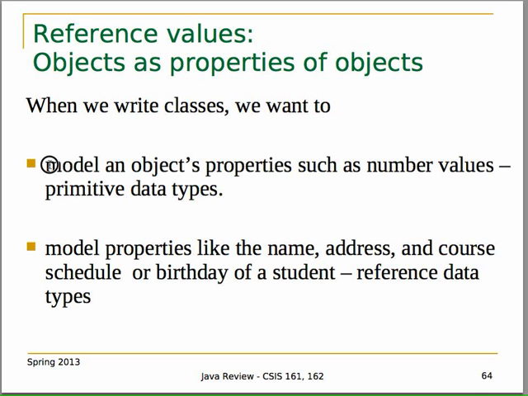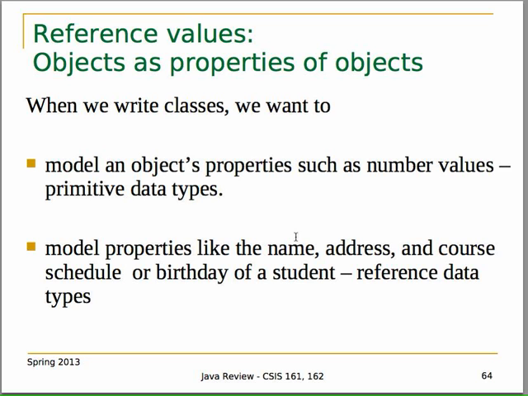That's what we mean by saying we're going to model an object's properties. So you can use number values, that is ints, floats, doubles, or you can use strings for name or address. If you have some class that requires a course schedule, it might actually even be an array. You might have arrays of things as data members.